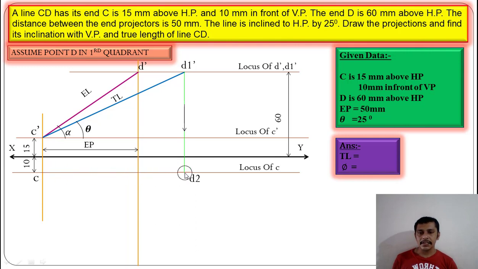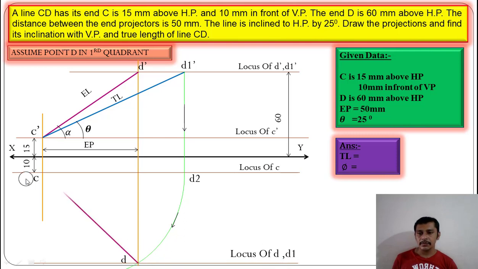So measure CD2 and from C give an arc on the projector of D. So we will get D over here. This point will be our point D. Now draw the locus of D. So this will be the locus of D and D1 also.